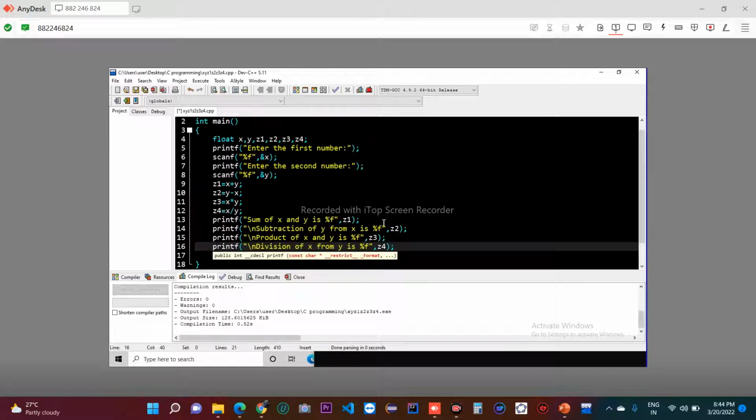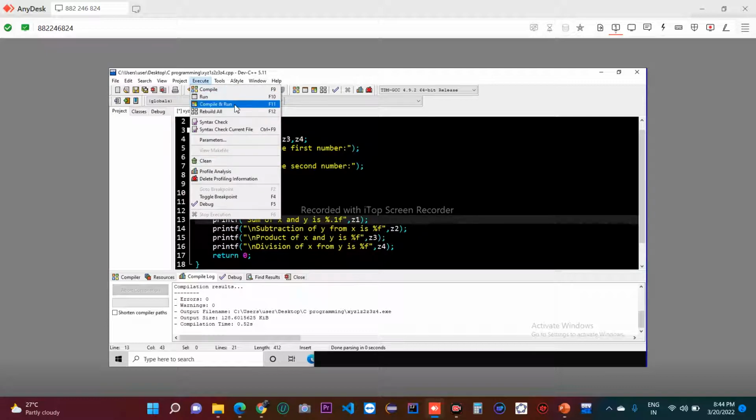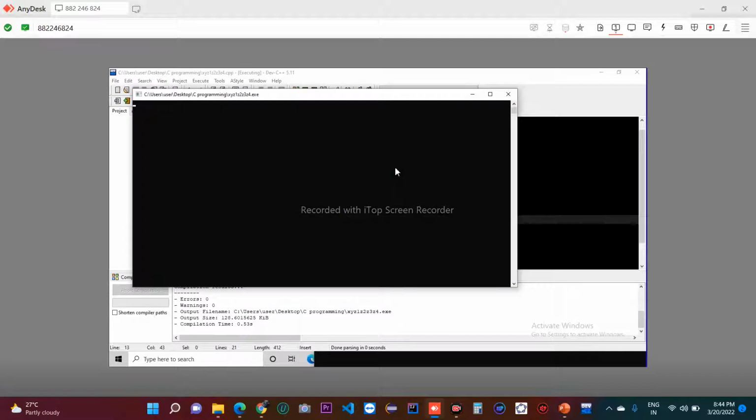So if you want to print up to one digit, then what will you do? Point one. Look, the first one is up to 19.0 and the rest are all up to 8 digits.